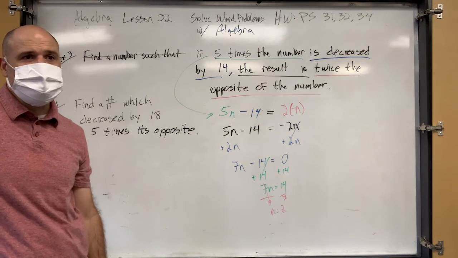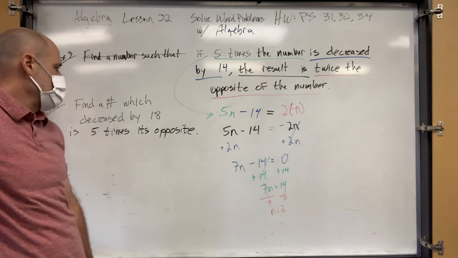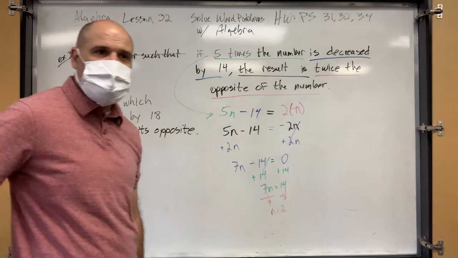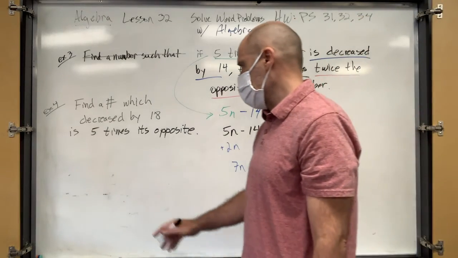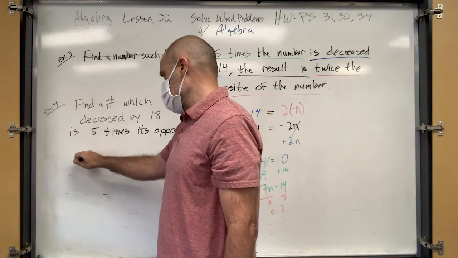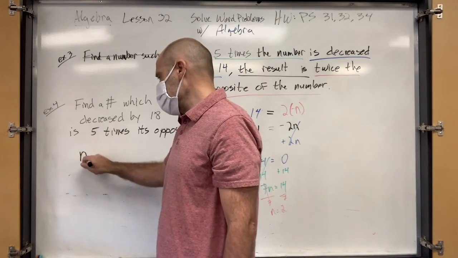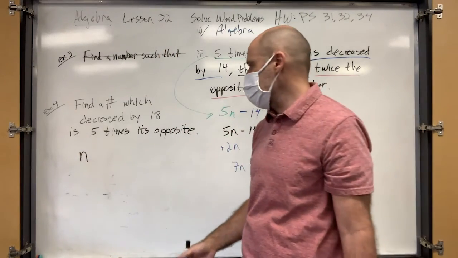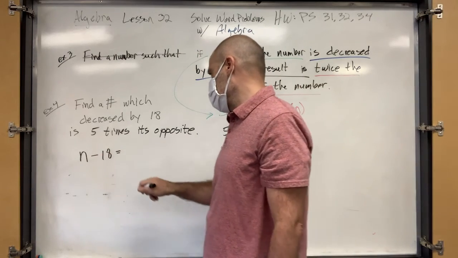Okay, find a number which decreased by 18 is 5 times the opposite of the number. What'd you get for an equation? Who wants to tell me theirs? Lucia? I got n minus 18. Did you say A? No, N. That's a nice little twist. I'm fine with A. n minus 18 equals negative 5n.